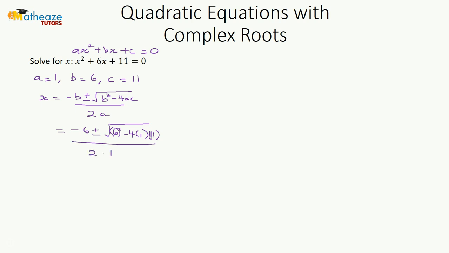2 times 1, which is going to be negative 6 plus or minus square root of 36 minus 44 over 2, which is equal to negative 6 plus or minus square root of negative 8 divided by 2.